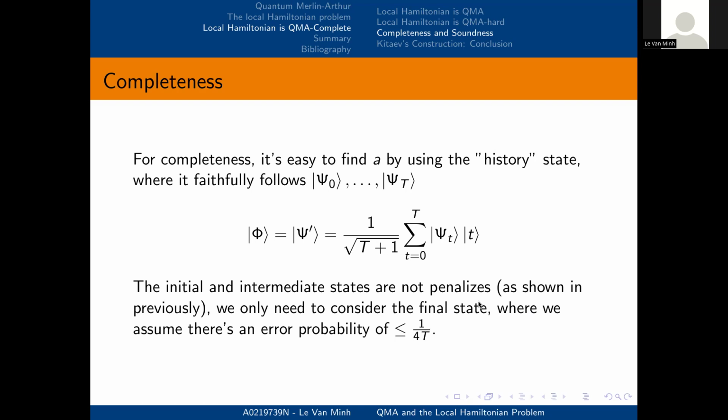The initial and intermediate states are not penalized because they follow exactly the same history, but we only need to consider the final state, where we assume there is an error probability of less than 1/4t. There is some inverse polynomially large probability of error.